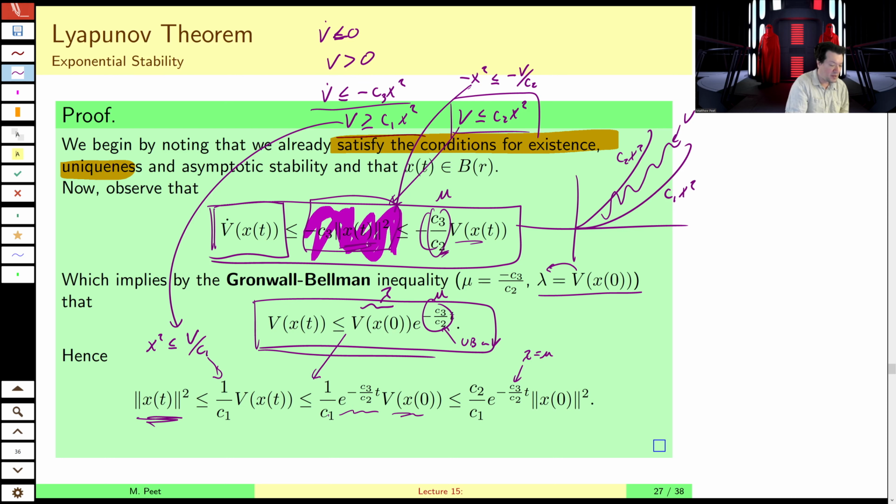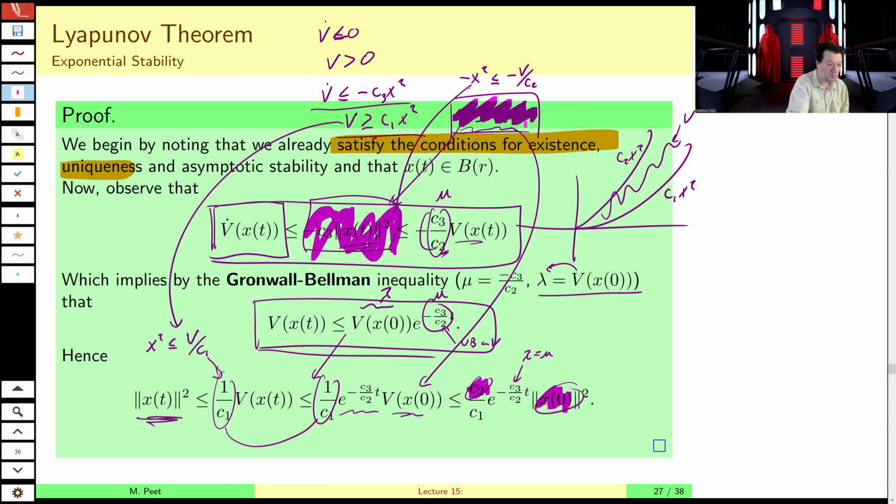That's right there. And then we keep the C1 that just goes right over there. Now, we're not quite done, of course, because we want to prove this is exponentially stable. So we need to get rid of V. Again, we have this condition that V is less than C2 x squared. And so we can just plug that right there, V is C2 x squared, right? So that's that part.